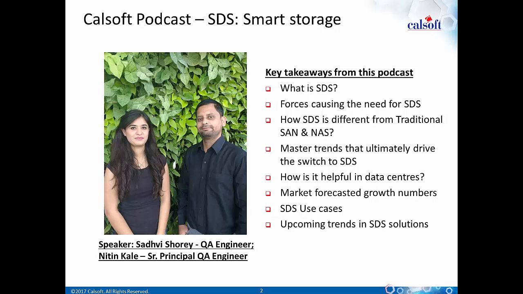As with every other technology, SDS also has some roadblocks. There are some issues related to data security and privacy. Any organization will never entertain a loss of data or unauthorized access to their storage system, and this is one of the major concerns for the companies that are planning to adopt SDS.